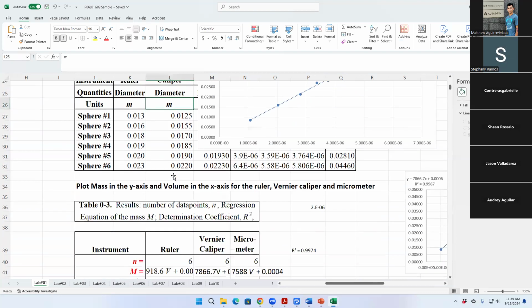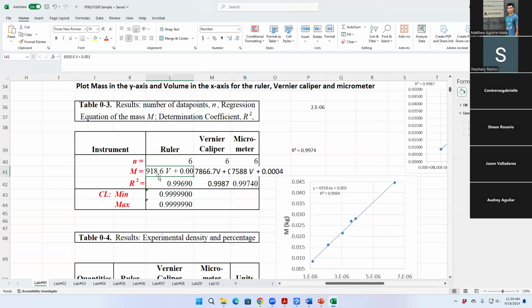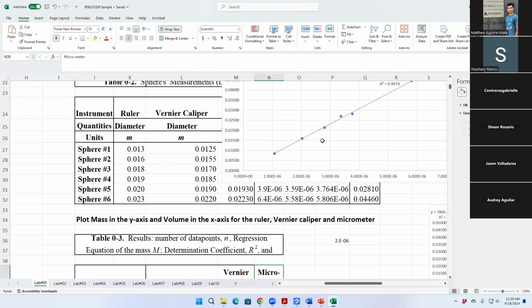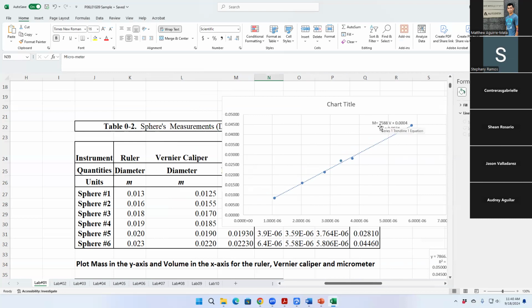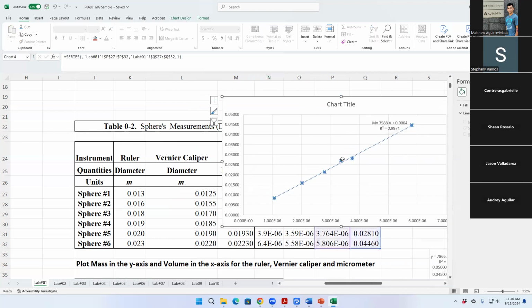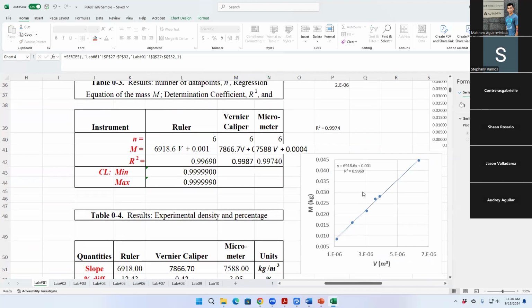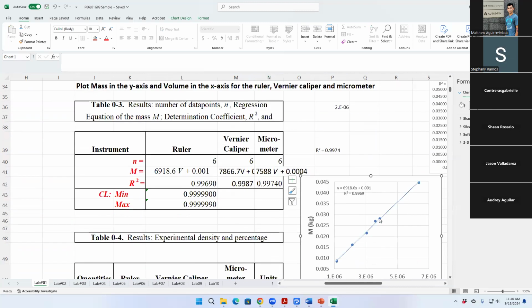So you go ahead and type the equation right here. In my case, this one is the micrometer, I want it for the ruler. Let's see here. I want it for the ruler.